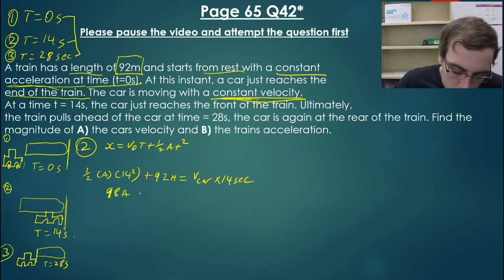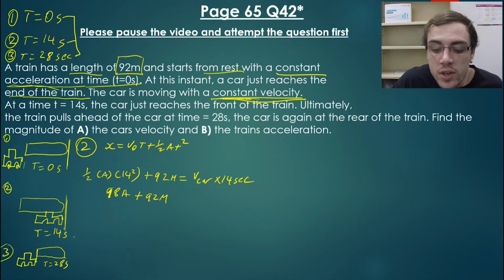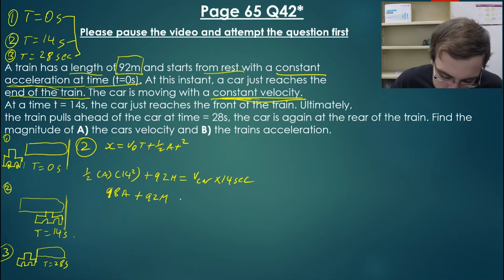98a plus 92 meters. Now we can't add these two values together, what we've got here, because this one is not the same unit. So be aware of your units because you can't add different units together. So it's equal to 14 v car, because what I've written there is the exact same.